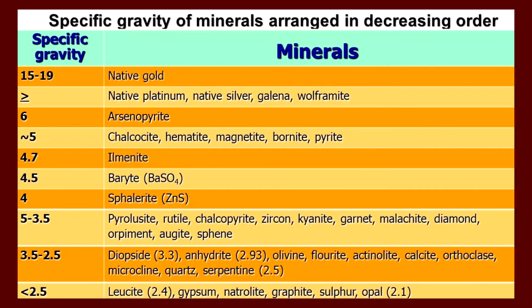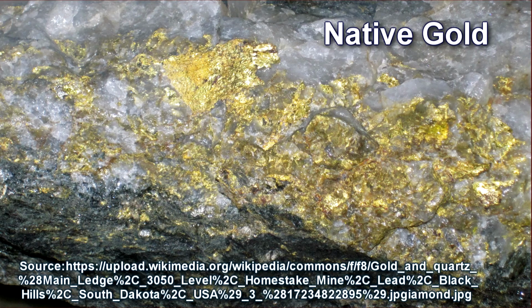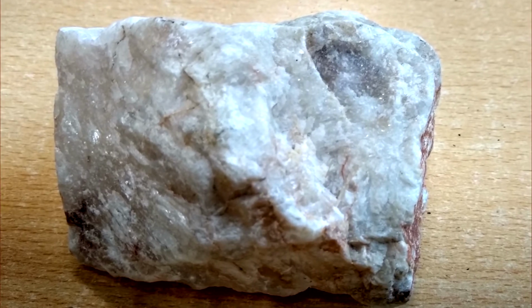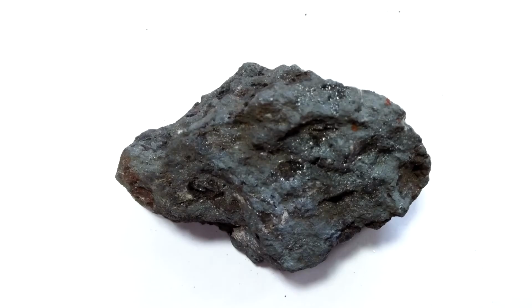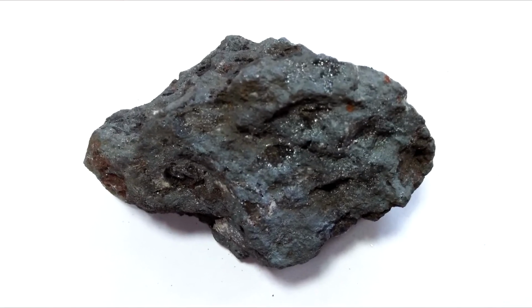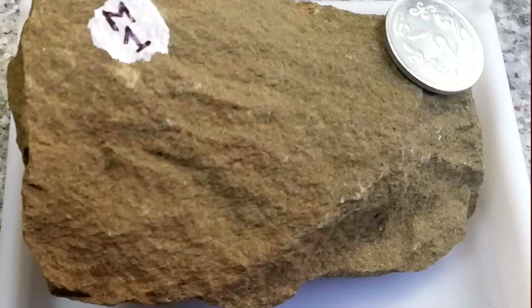So, for our convenience we can classify minerals into different categories such as very high specific gravity minerals like native gold, then high specific gravity minerals like barite, then high to moderate specific gravity minerals like pyrolusite, then moderate to low specific gravity minerals like diopside, olivine.